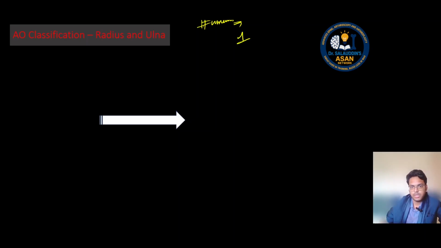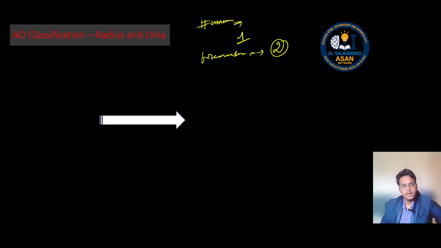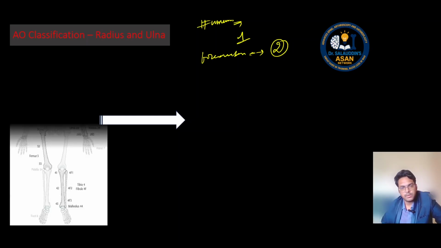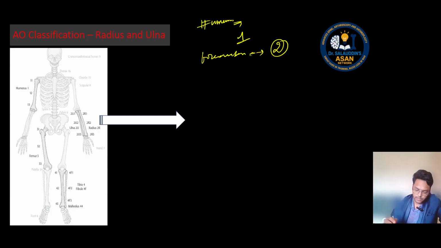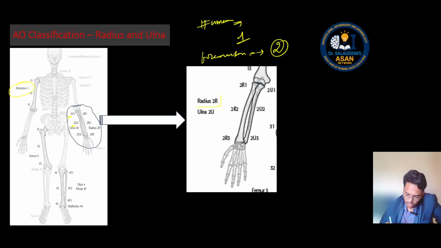That is the first bone in the body that has been given the number 1. Similarly, the forearm bones are given the number 2. Accordingly, radius is 2R and ulna is 2U.